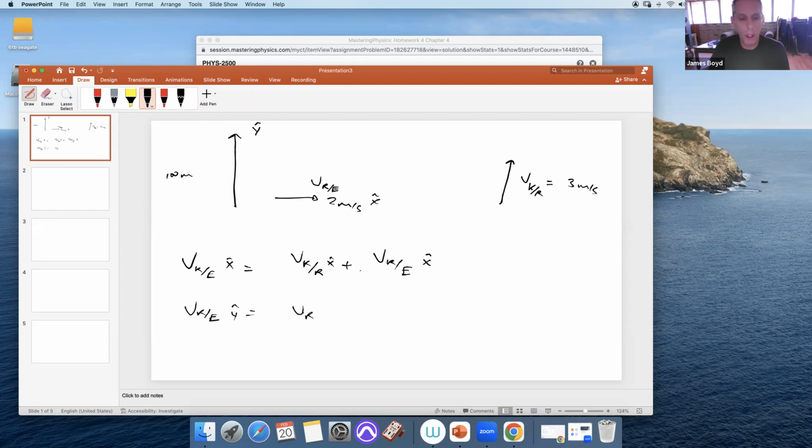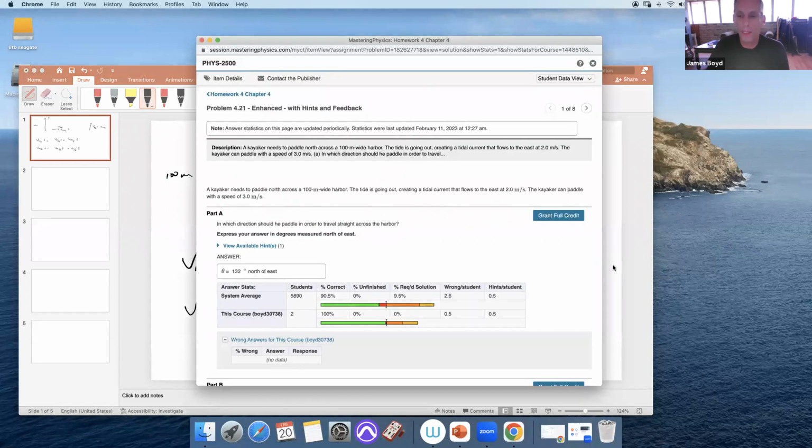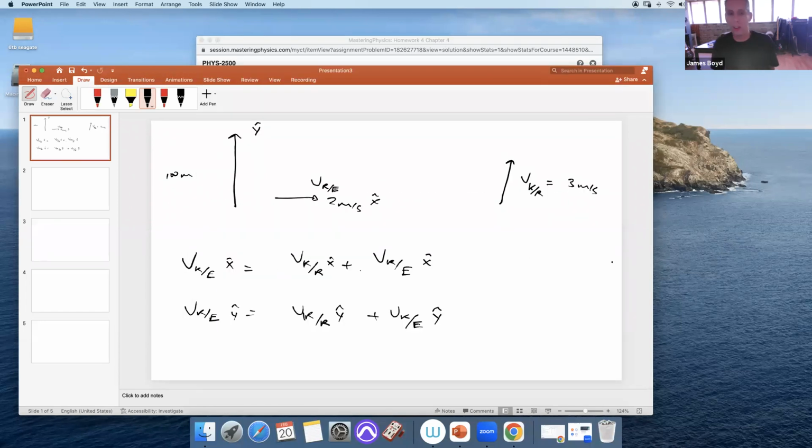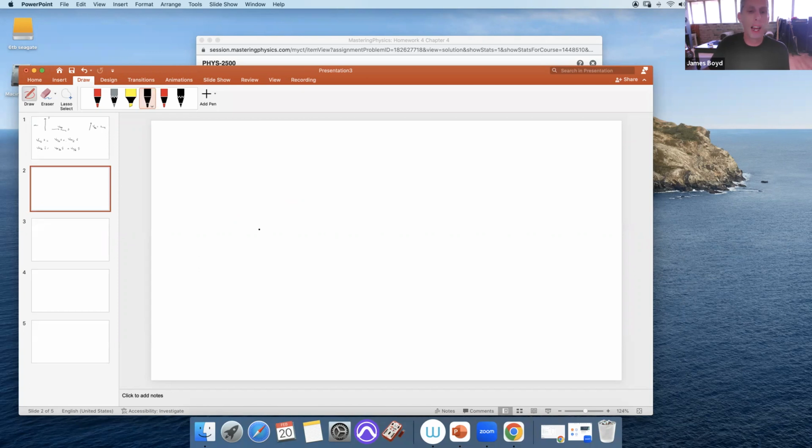And all we want initially is to know what direction they should point in order to travel straight across. Another way to think about this is, as he tries to paddle straight across to the north, the river is going to be pushing him to the east.